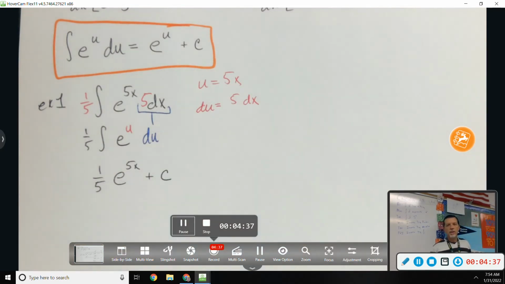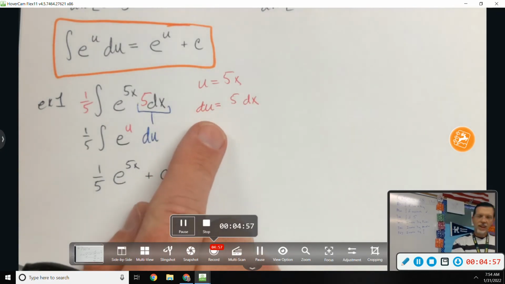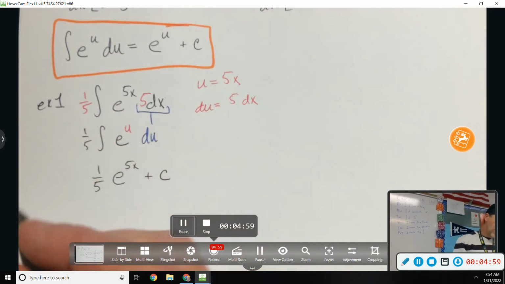And that would be an easy one to check because the chain rule would give us a 5, and the 5 and the 1/5 would cancel each other out, and we'd just be back to e to the 5x. Some of you may get to the point where on ones like this, you don't show the u substitution, you kind of just handle it because it's only a constant.